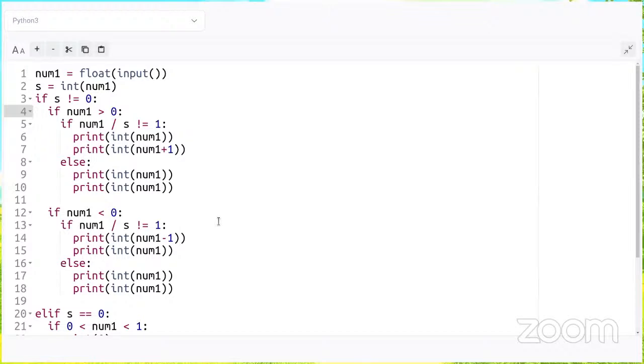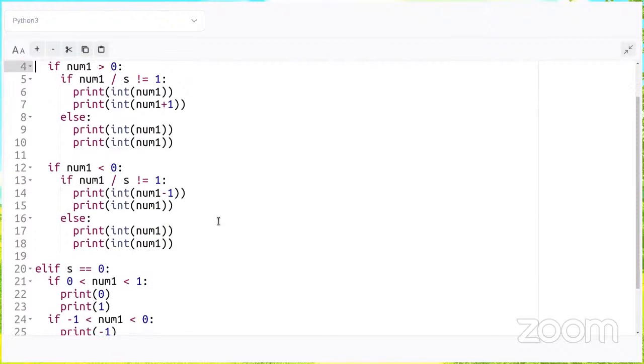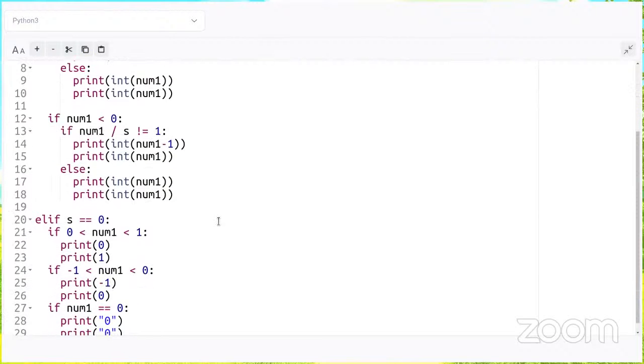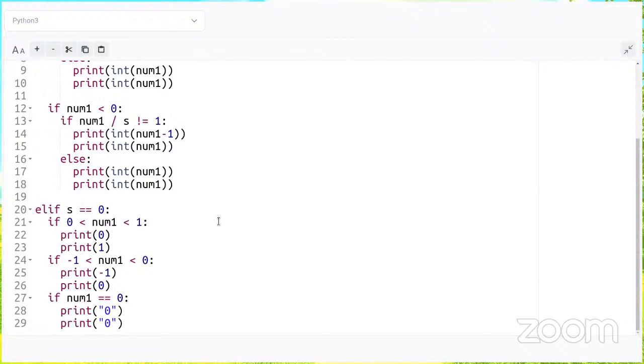And if the number is negative, then first it will check whether the number is an integer or not. If it is not an integer, then first we subtract 1 from that number and take the integer part of that number, and in the next line it will print the integer part of that number, because it is negative. And if the negative number is an integer, then it will print the integer part of that number, and again it will print the integer part of that number.